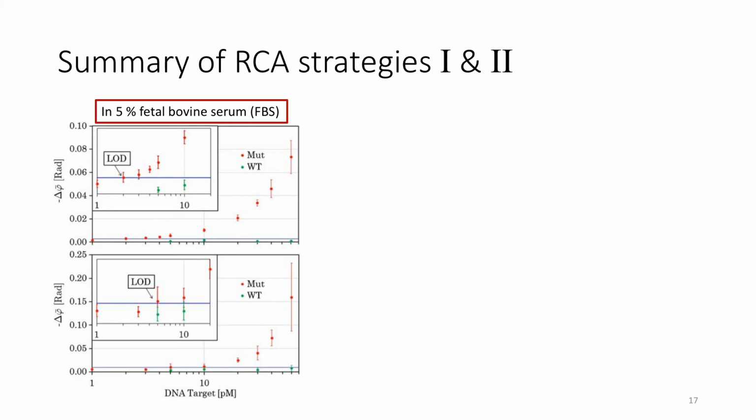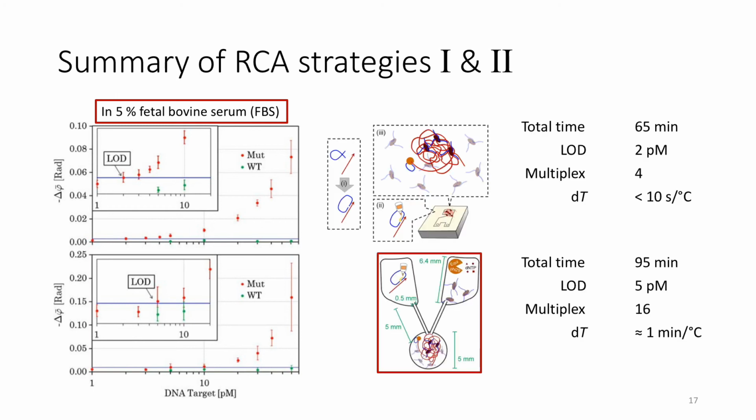And the standard deviations and accuracy were better in the case where the aluminum heaters were used instead of the hot air. Nonetheless, the limits of detection were quite close, 2 and 5 picomolar.